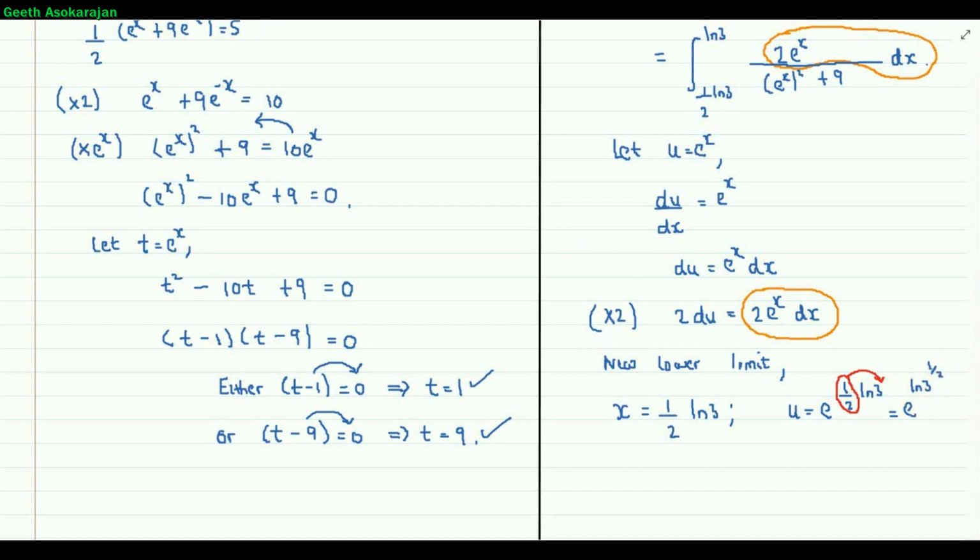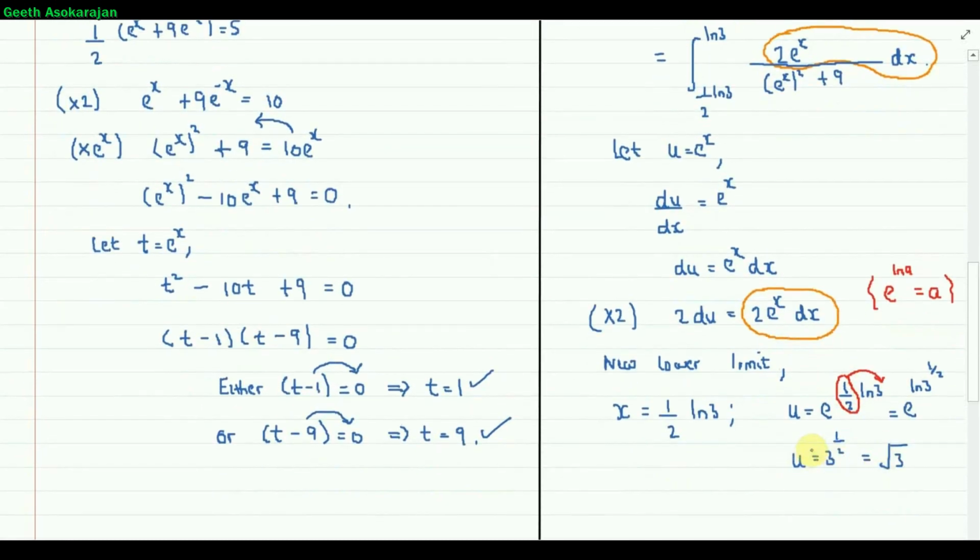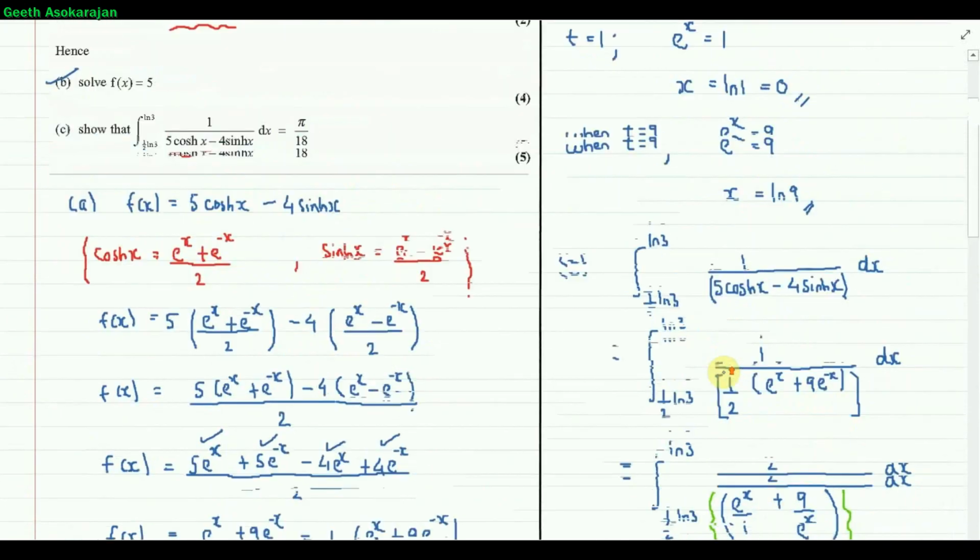And this brings me on to another fact, that e to the power ln a is a. So e to the ln 3 to the half is 3 to the half. So 3 to the half is the new lower limit, and we could express that as square root of 3. Okay, so that is the new lower limit.